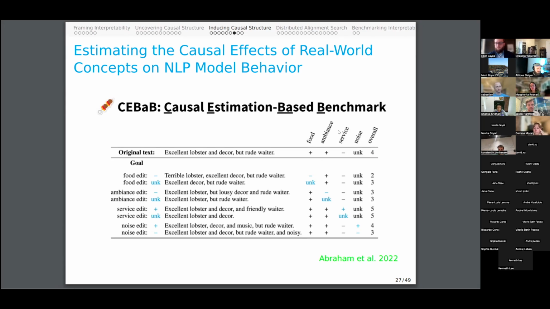rating of the model? And the best method we have for this benchmark was using interchange intervention training to take the original model and then create a model that's as close to the original, but supports internal counterfactuals. So it localizes these concepts of food sentiment, service sentiment, to particular locations in the network, and then we do interventions on those to simulate the input counterfactuals that we're curious about.